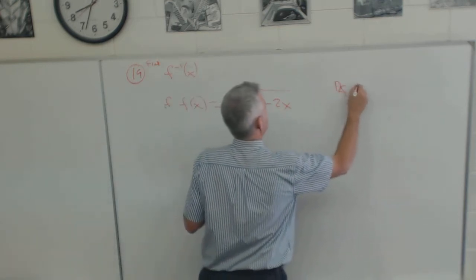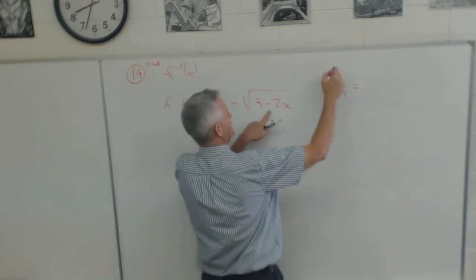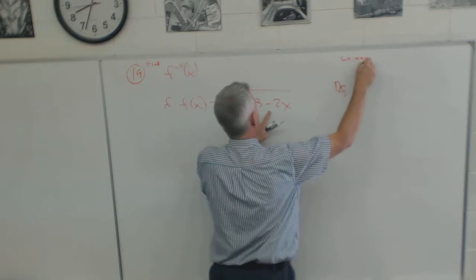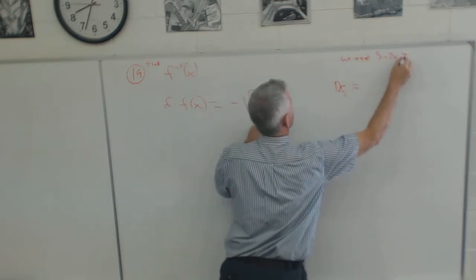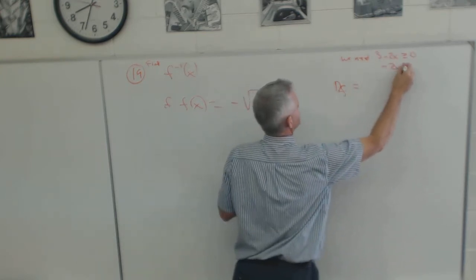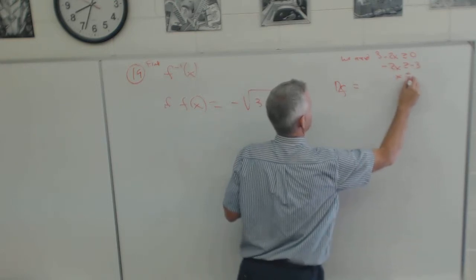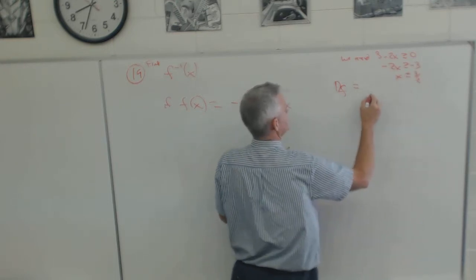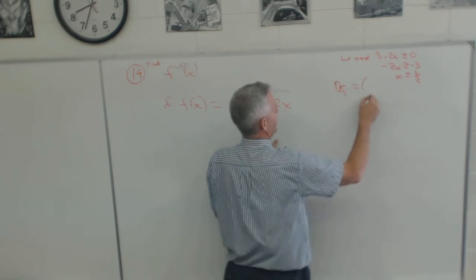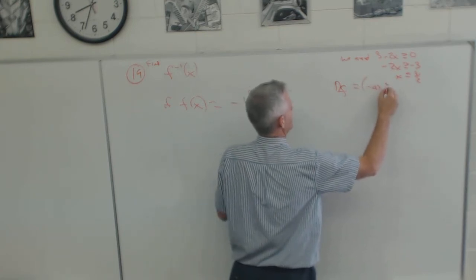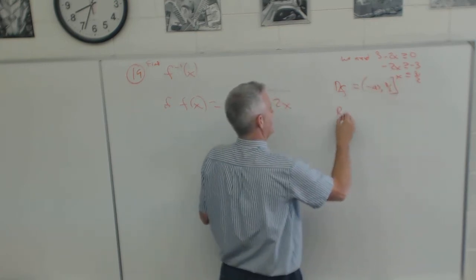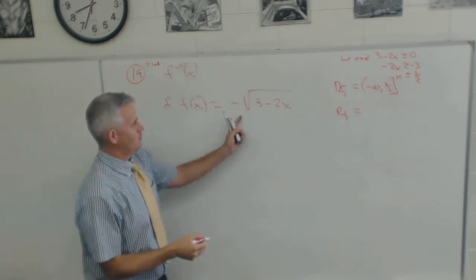So the domain of f, we need 3 minus 2x to be greater than or equal to 0. So negative 2x is greater than or equal to negative 3, so x is less than or equal to 3/2. So the domain is negative infinity to 3/2. The range of f, does anyone know what the range is?